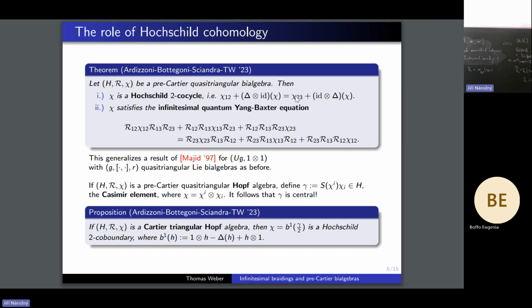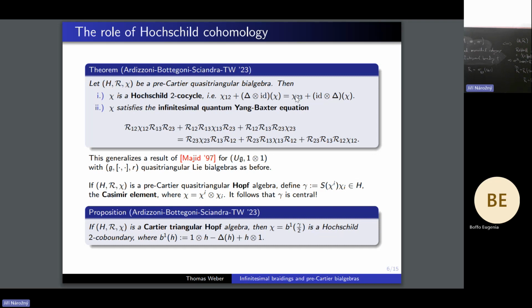Okay, so let's have this first. It's a non-trivial theorem that we proved. If you take a triple as in the previous slide, then you can show that the chi is automatically a Hochschild 2-cocycle, which means that it satisfies this equation here. And you can show that chi satisfies what we call the infinitesimal quantum Yang-Baxter equation, which looks quite like Yang-Baxter, just with more terms.